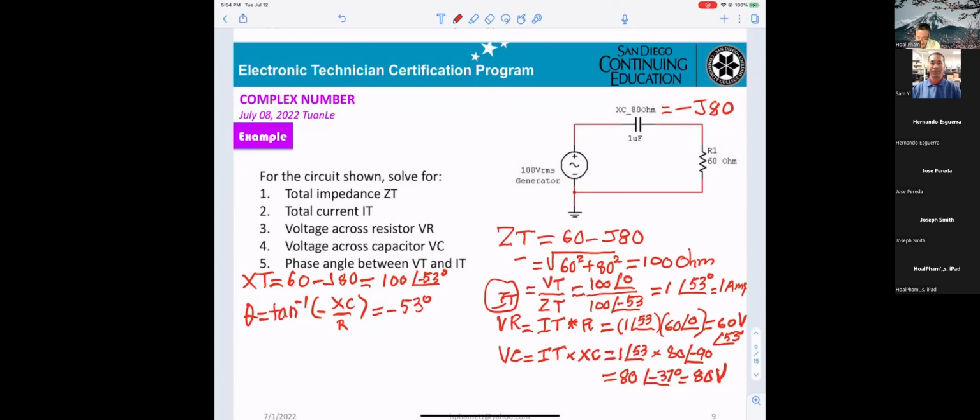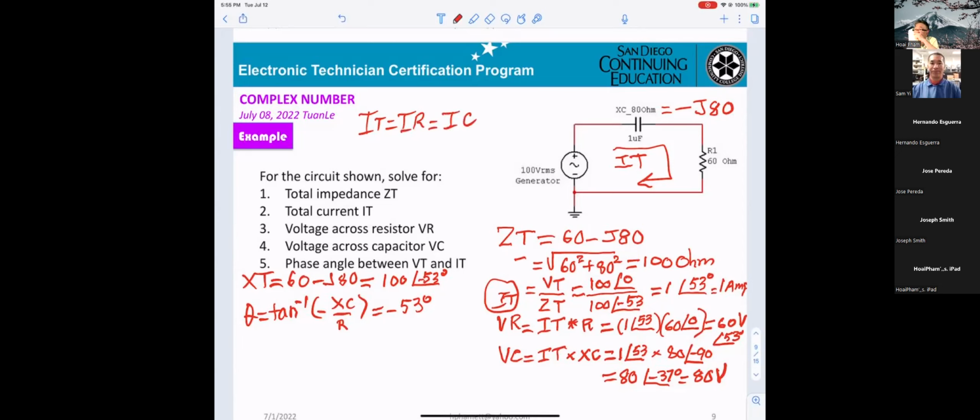Now we'll see in here, on this circuitry, the current I total equals IR equals IC.